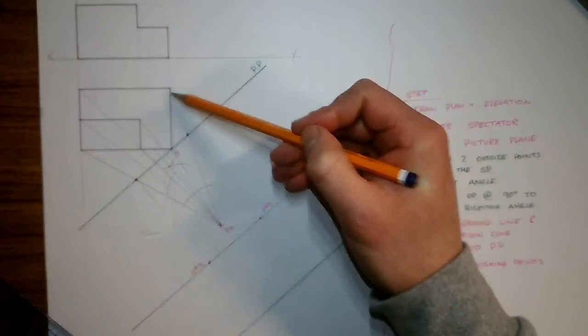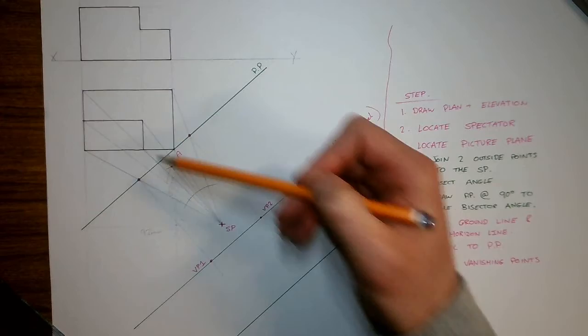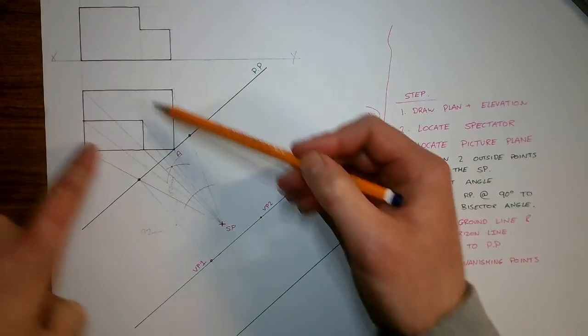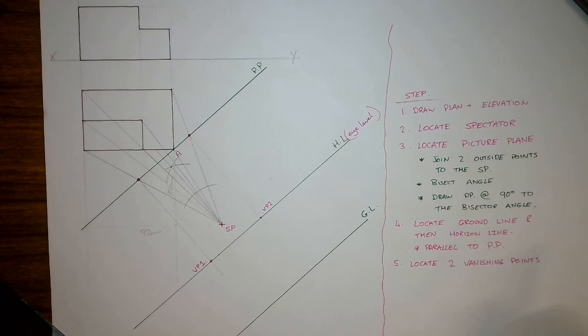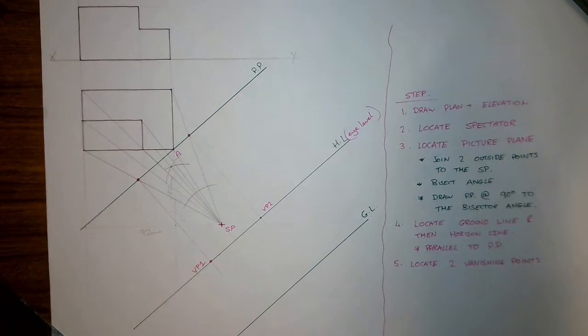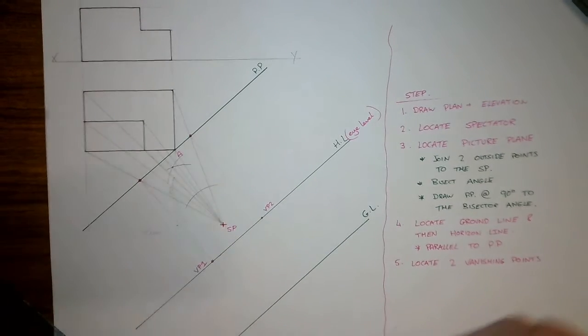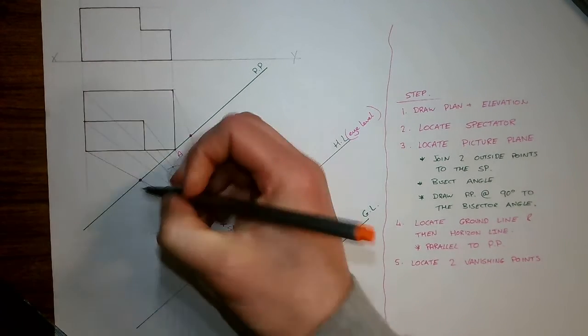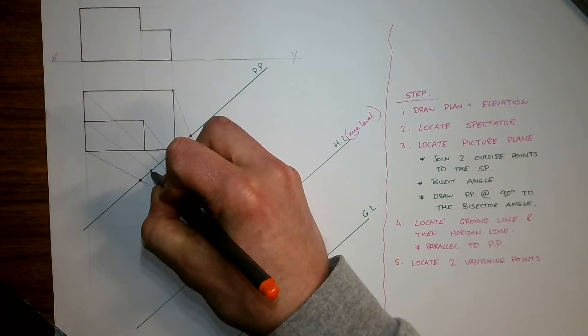Okay, so there's 1, 2, 3, 4, 5, 6, 7 points. Okay, we already had these 2 points joined to the spectator. You join all the rest back to the spectator. Okay. Now, where all them points cross, let's get a different colour here. Where all them points cross the picture plane is points that we need. So I'm going to highlight them.